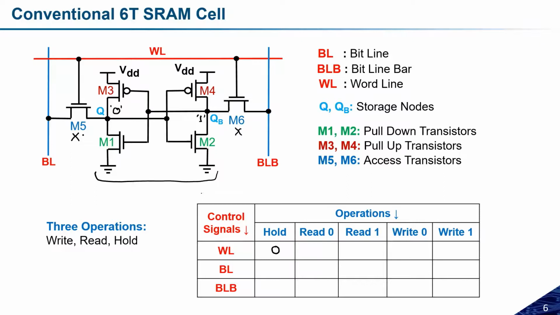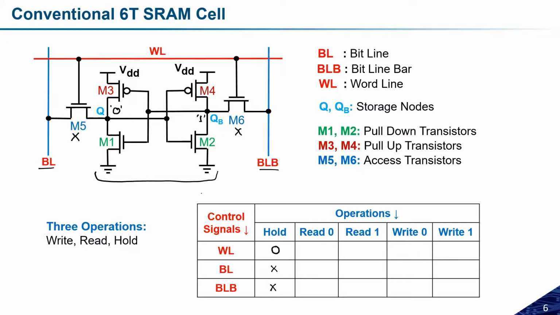So if the WL is equal to 0, whatever the status of BL and BLB, it does not matter, because this is completely isolated. There is no direct path between BL and Q, and BLB and QB. So BL and BLB can be in any state, like the don't care conditions.